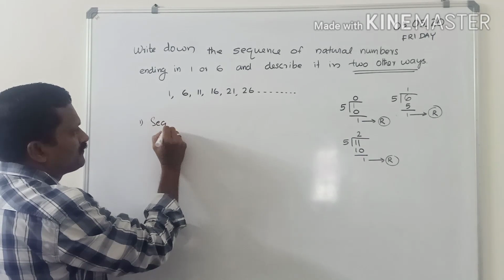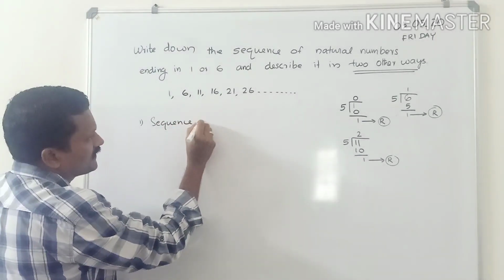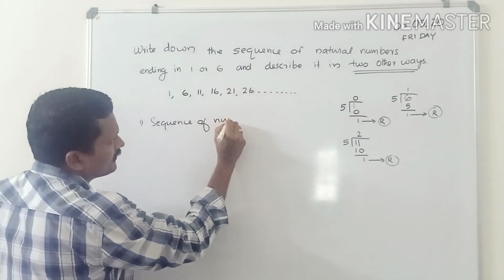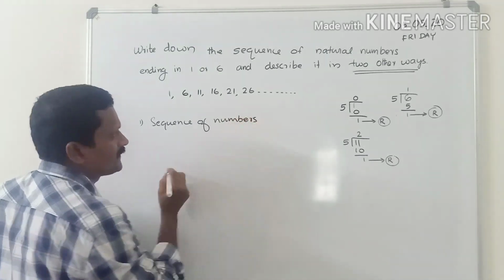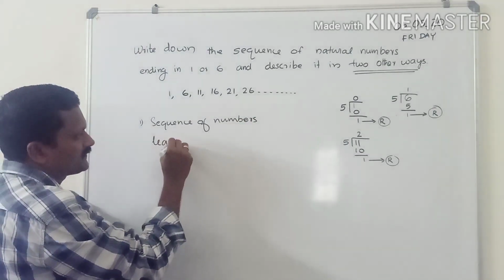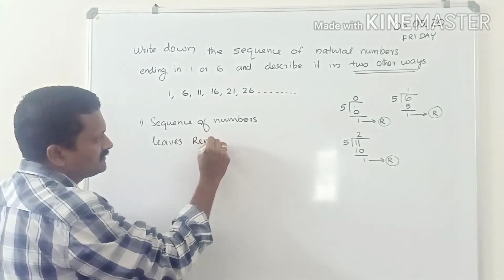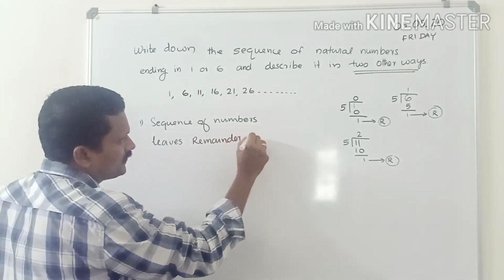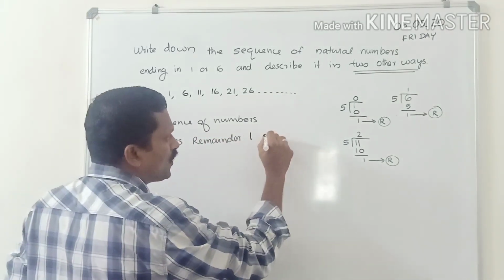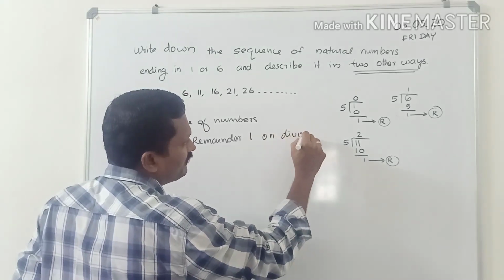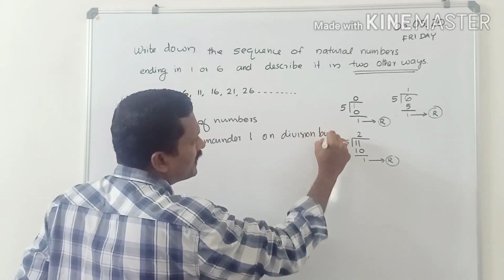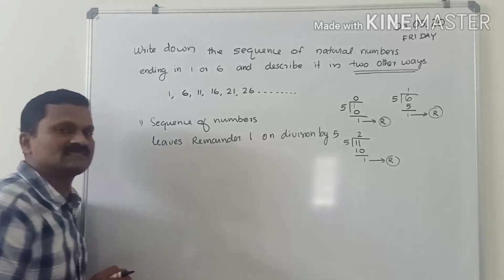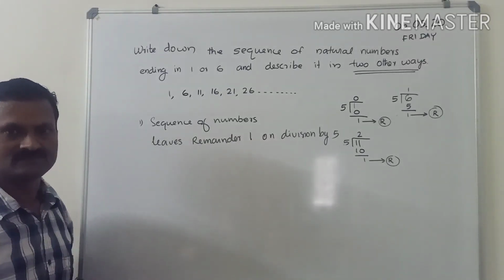Sequence of numbers which leaves remainder 1 on division by 5. It is one method.